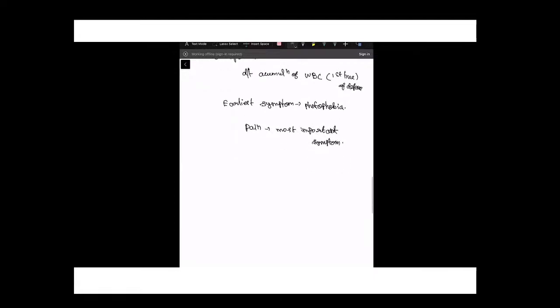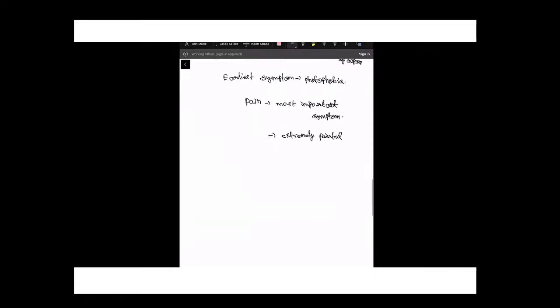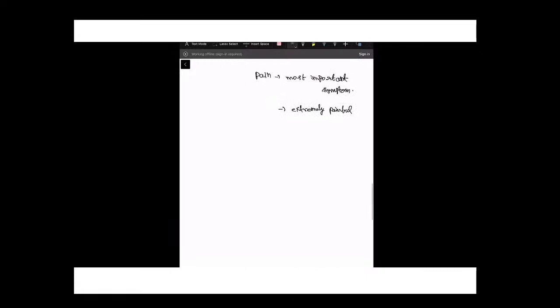There is extreme pain here. It's extremely painful since there are a lot of nerve endings present in the cornea. Next, we move on to the specific types of ulcer.